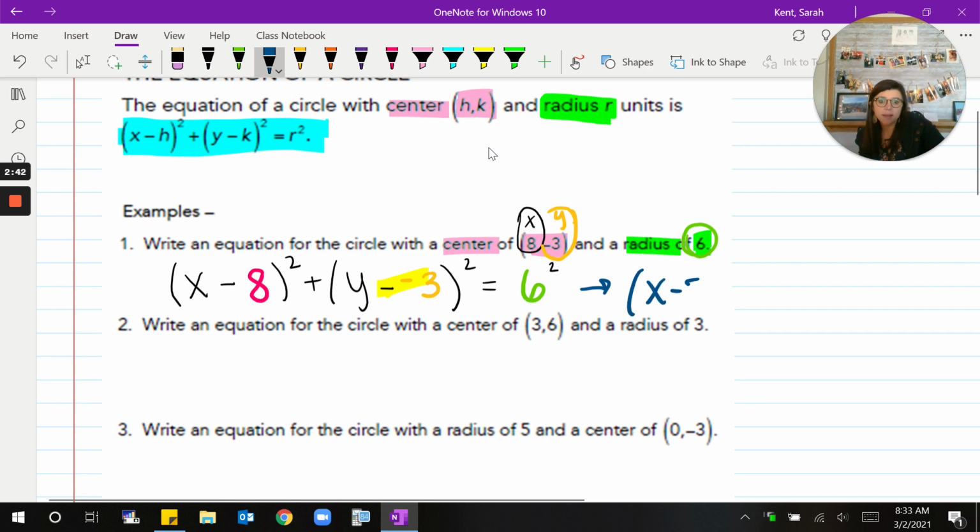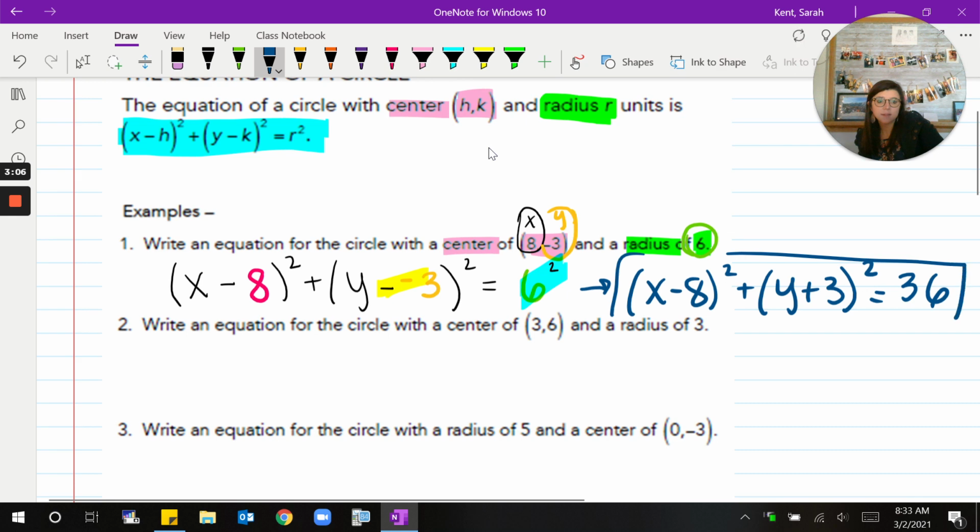So I would have (x - 8)² + (y + 3)² = 6². So 6 squared means I'm going to do 6 times 6, which would give me an answer of 36. And that is the final answer.